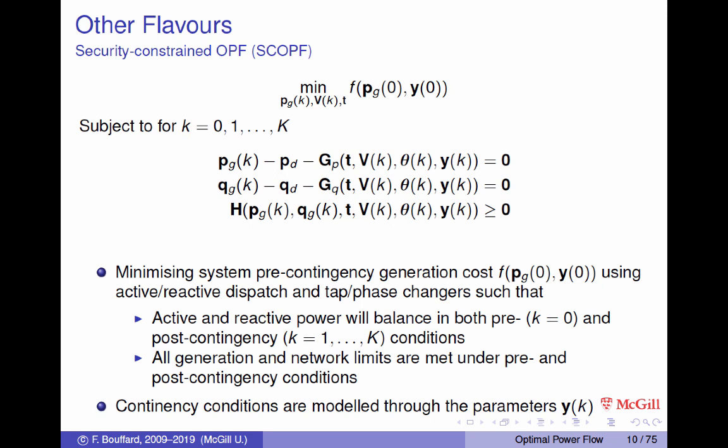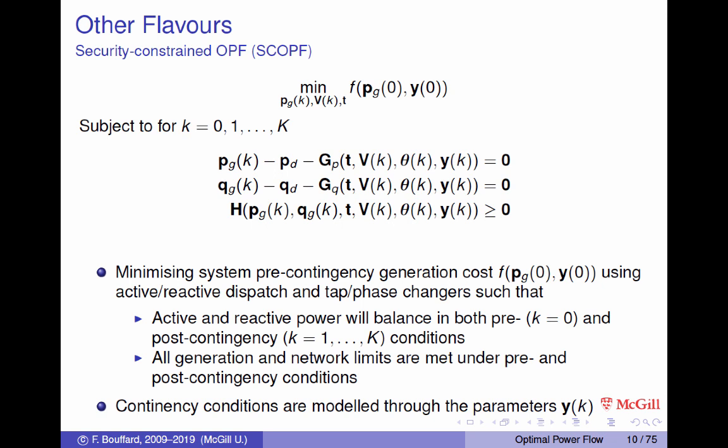The key difference from the standard optimal power flow is that we are indexing the different states of the system, using the index k, which goes from 0, 1, all the way up to capital K. Here k equal to 0 represents the intact power flow case, where all generation and transmission assets are in.